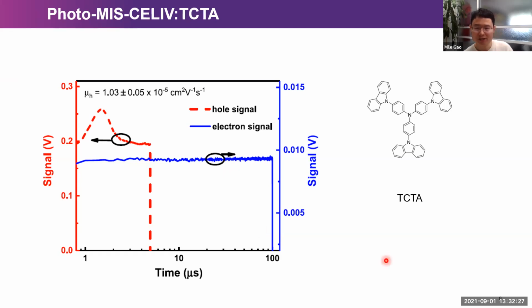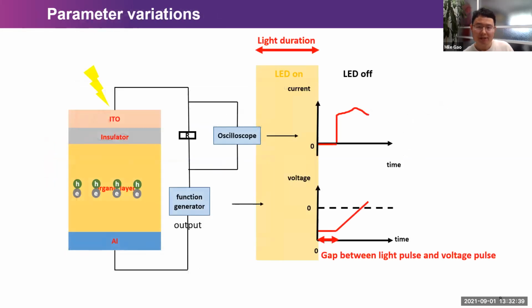So from these measurements, it can be concluded that Photo-MIS-CELIV can selectively and reliably measure both the hole and electron mobilities. But in the measurement, there are a couple of parameters that can be varied, namely the light duration, which is the time the film is exposed to the light, and the delay time, which is the time between turning off the light source and the start of the linearly increasing voltage.